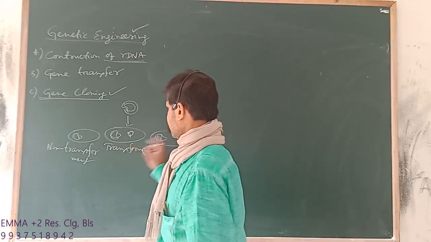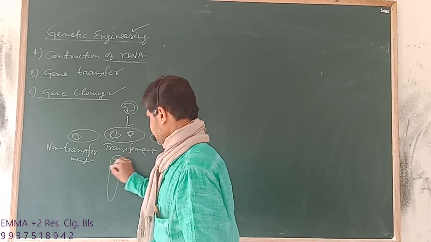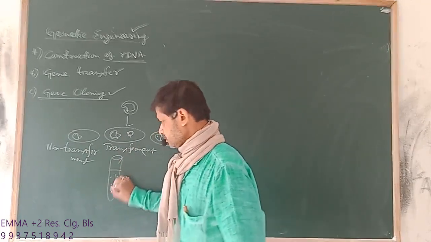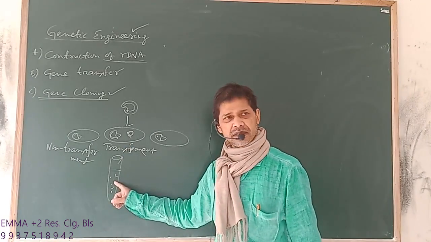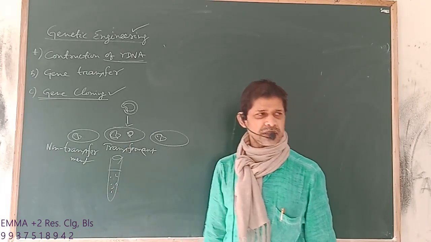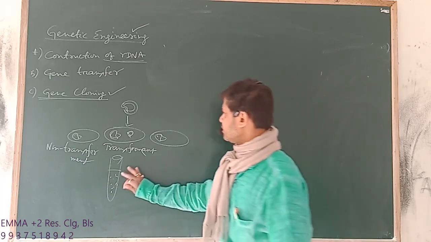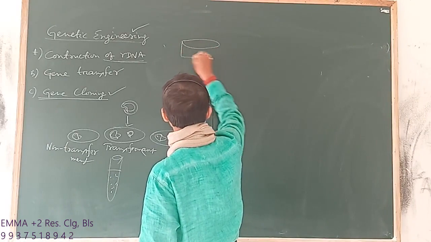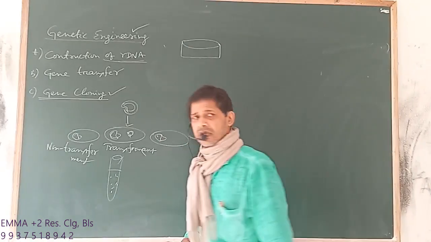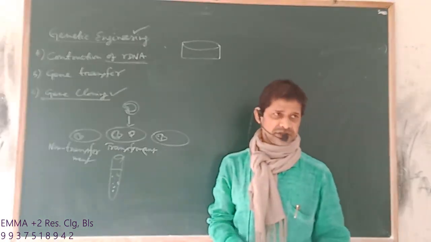Suppose all these cells are present in this test tube. So this test tube contains transformant cells and non-transformant cells. What I will do is transfer this into a culture medium. This glassware is a petri dish.